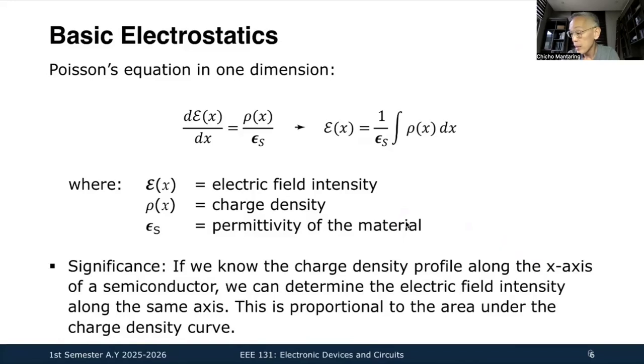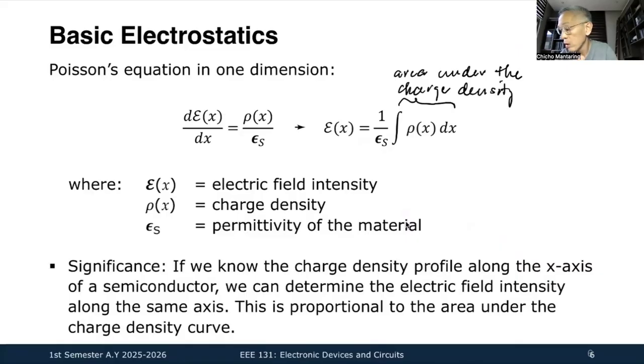This is the area under the charge density curve.